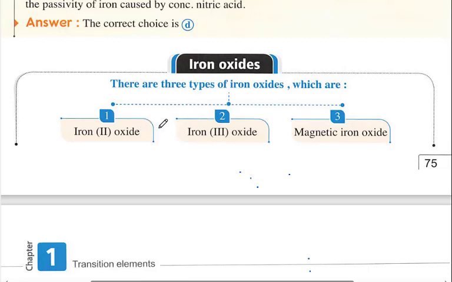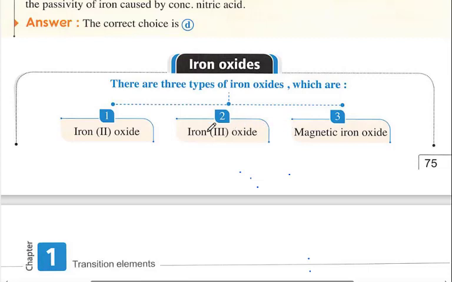If the temperature of the reduction process is between 230 and 300, this iron 3 oxide or ferric oxide is reduced into magnetic iron oxide, which is Fe3O4.